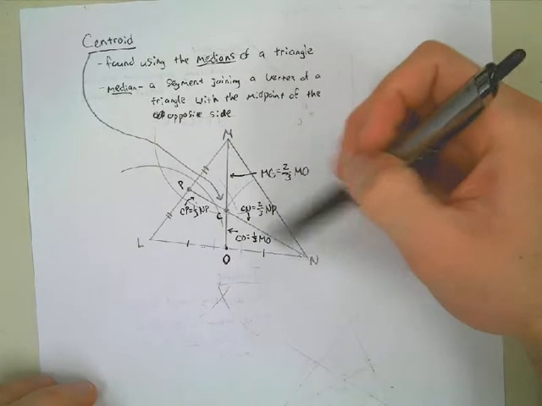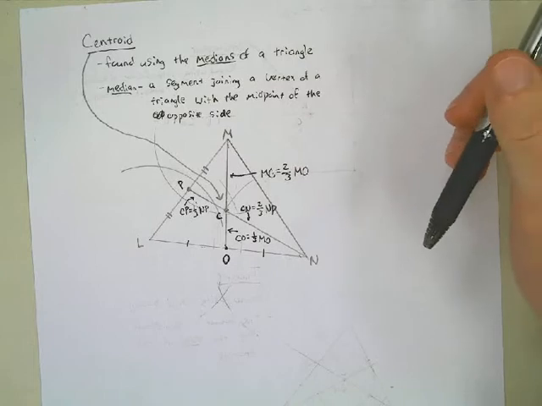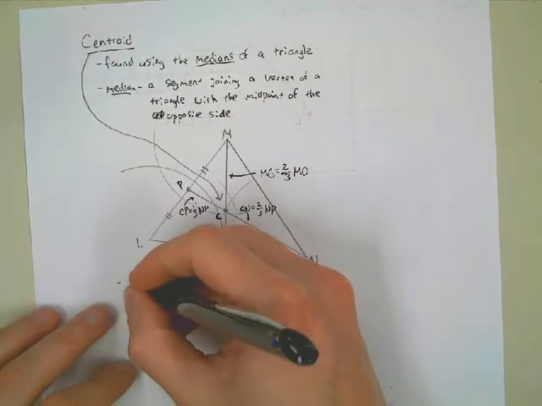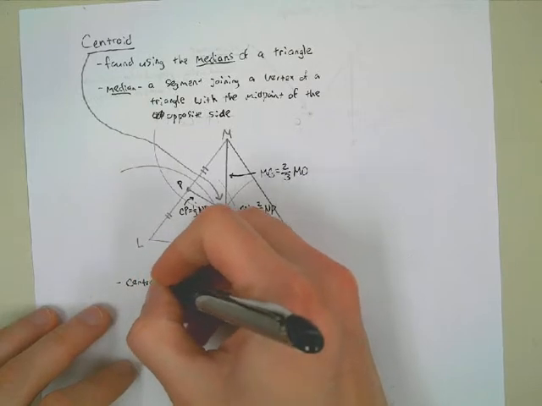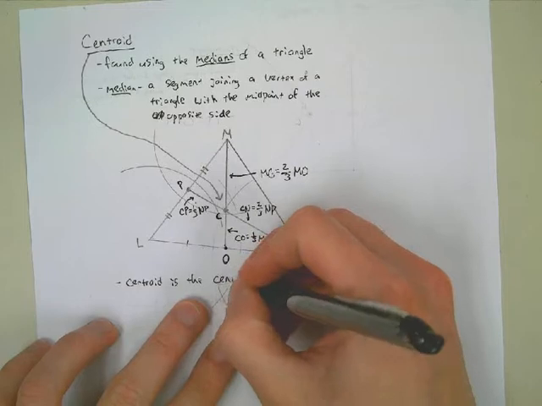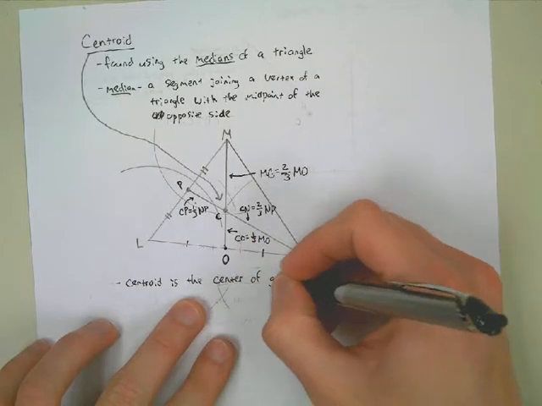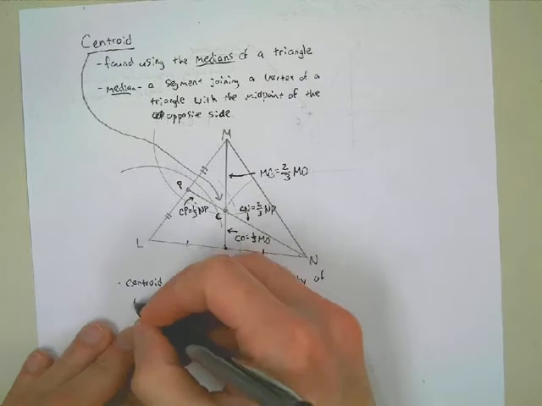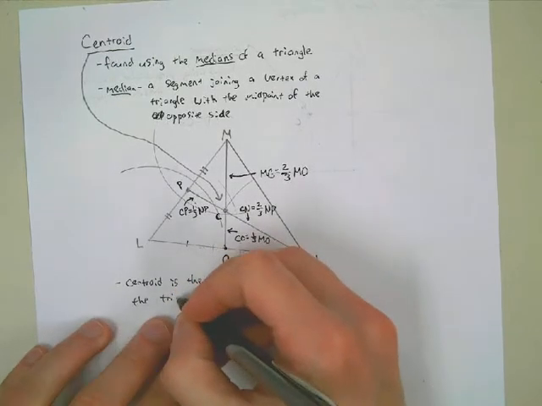There's one other special property of the centroid. The centroid is the center of gravity of the triangle, or you could also call that the center of balance.